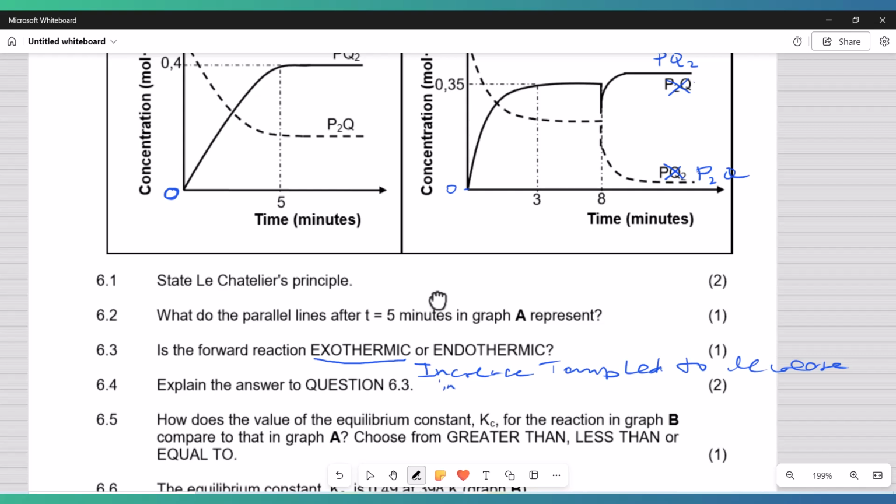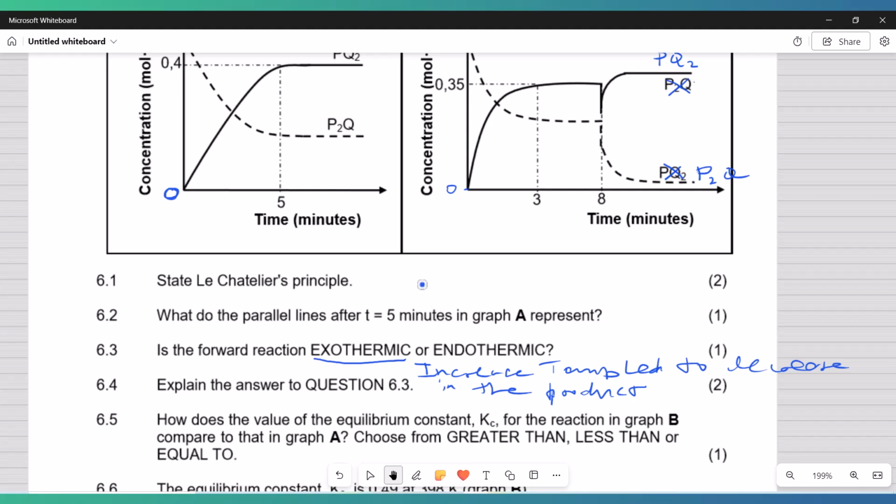So because of the decrease in the product, from molecular principle, we know that an increase in temperature favors the endothermic reaction. Because we have gotten less products in the forward direction, it means that the increase in temperature is favoring the reverse reaction, which is endothermic. So the reverse being endothermic, then the forward must be exothermic.